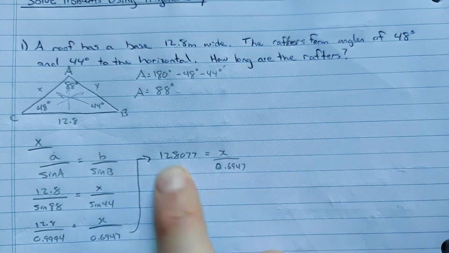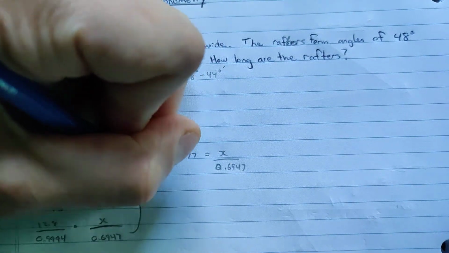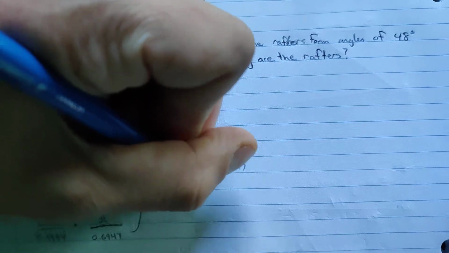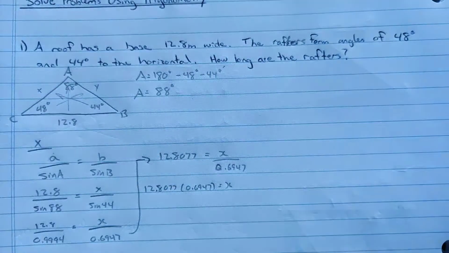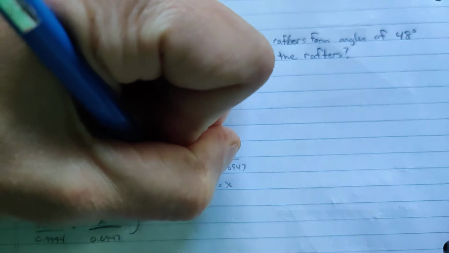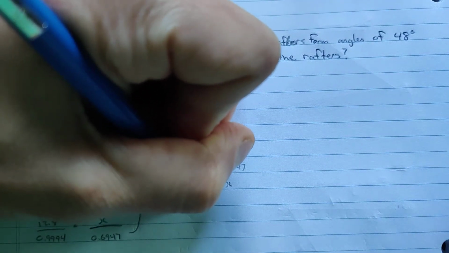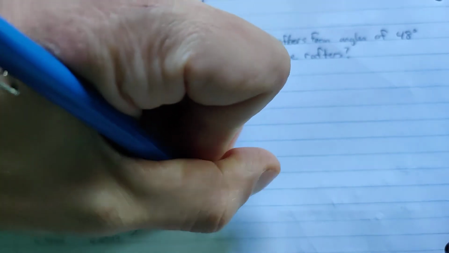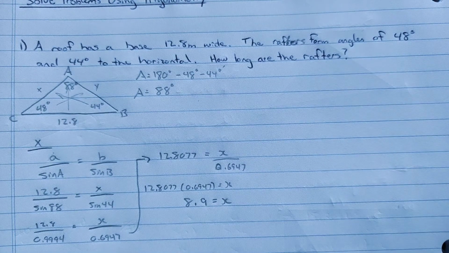And then I take that and multiply it on this side, so 12.8077 times 0.6947 equals x. And we multiply those out to get ourselves a rafter length of 8.9. About 8.9 there. So there's one.